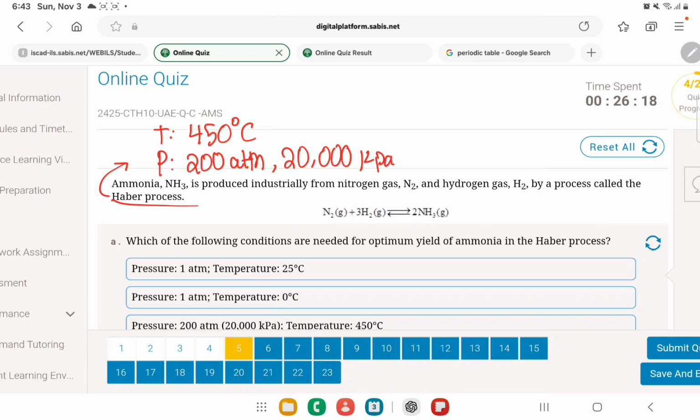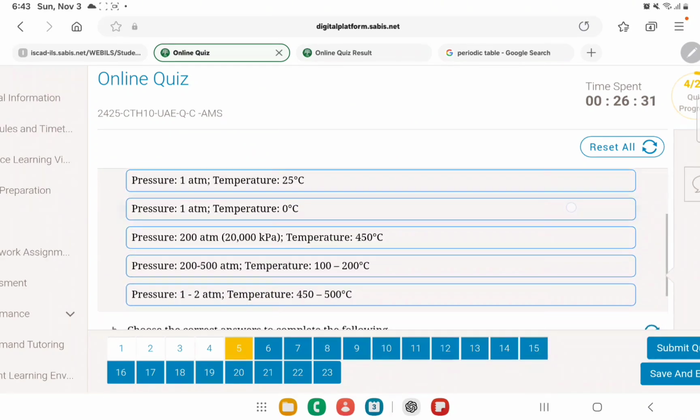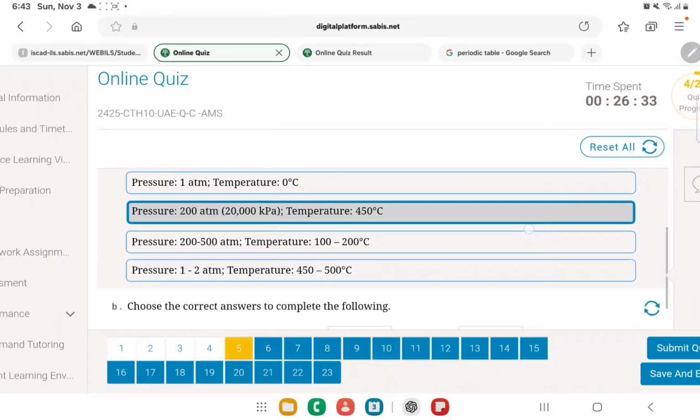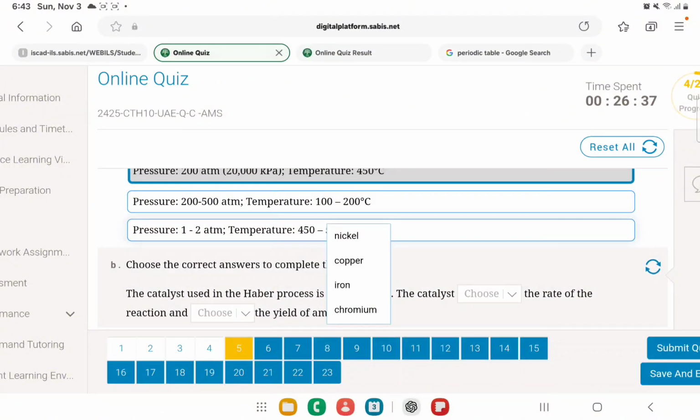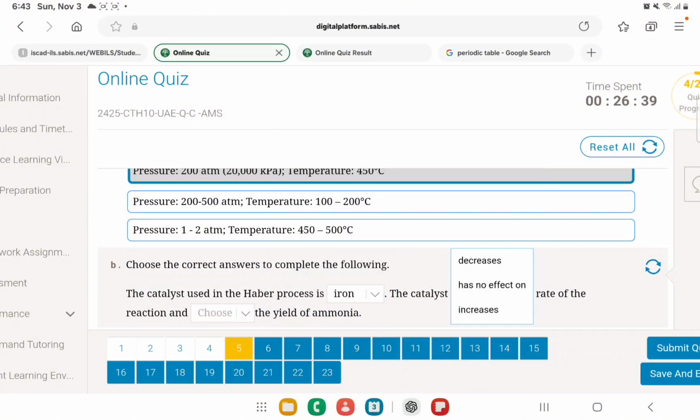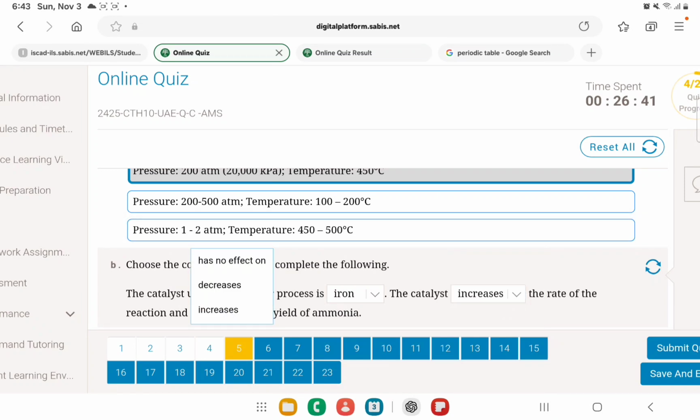Okay, and we know that the catalyst is finely divided iron.